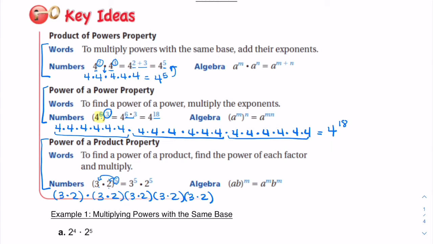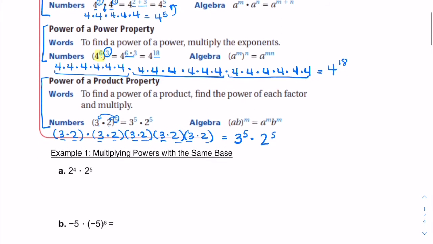Ahora, si usted lo quiere escribir usando exponentes, acuérdate, junta solamente los números que son iguales. Entonces aquí tengo 1, 2, 3, 4, 5 3's. So 3 to the 5th power times 1, 2, 3, 4, 5 2's, 2 to the 5th power. All right? So that's where they get that answer.